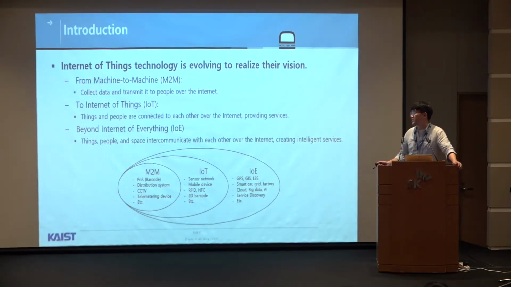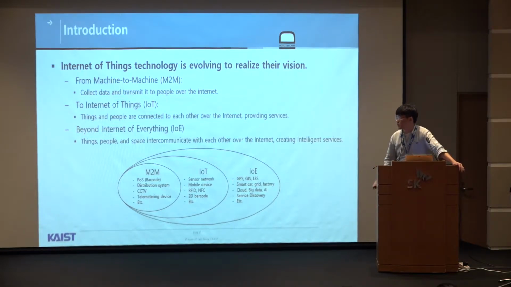In the past years, Internet of Things technology has been evolving. The first stage was the M2M protocol, which only collects data and transmits it to people over the internet. The second stage connects the Internet of Things and people with each other to communicate, providing some services.